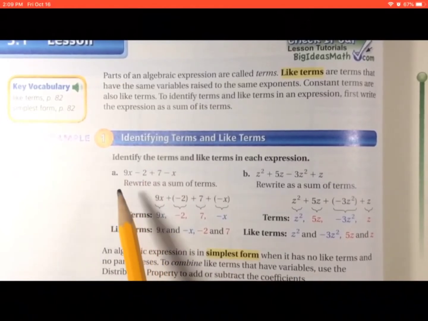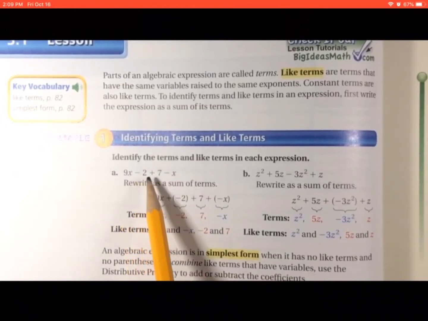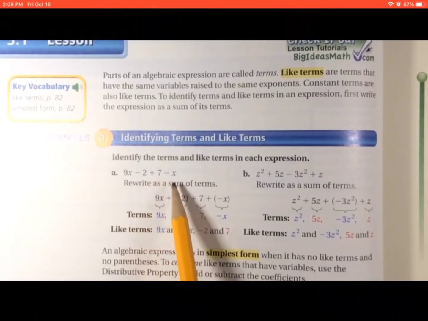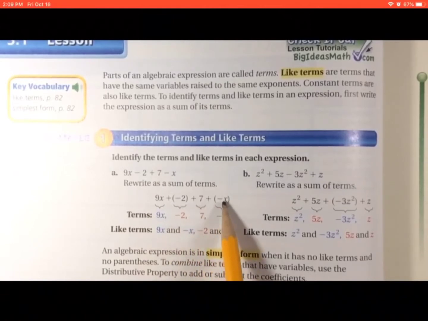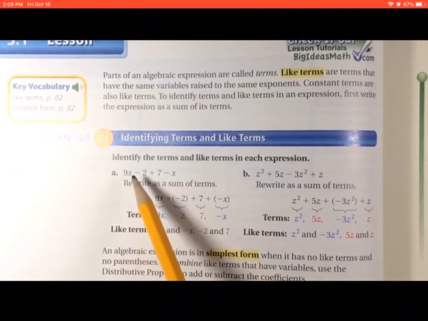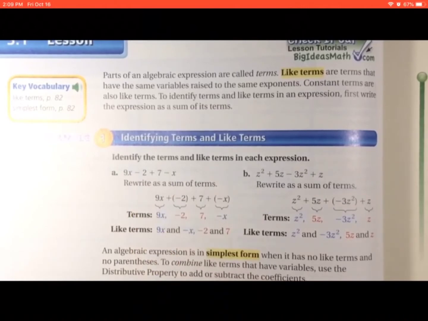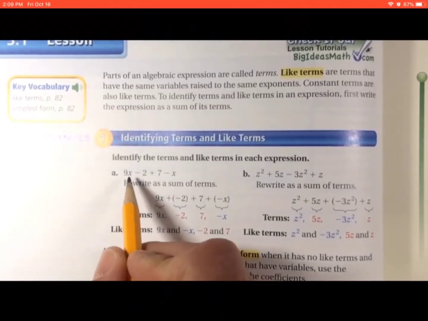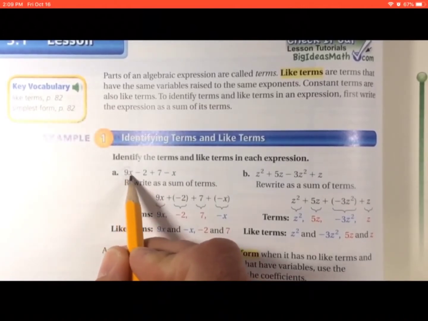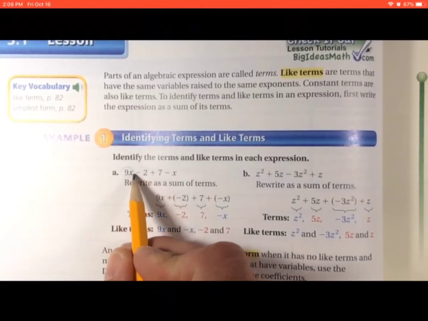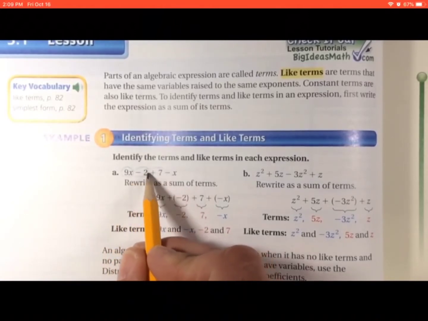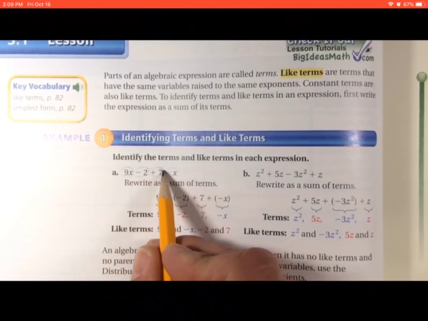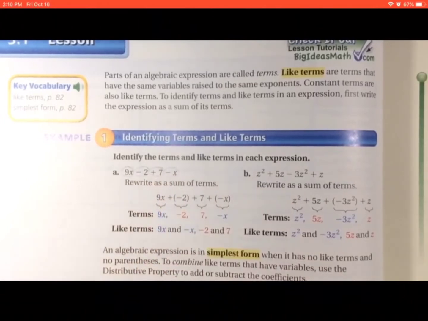So, instead of putting 9x minus 2 plus 7 minus x, they put 9x plus a negative 2 plus 7 plus negative x. That's the same thing we were doing earlier when we were combining terms, where we just look at this as a 9x, a negative 2, positive 7, negative 1x, just like that.